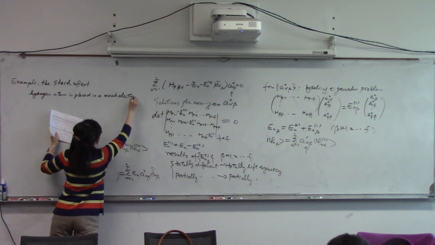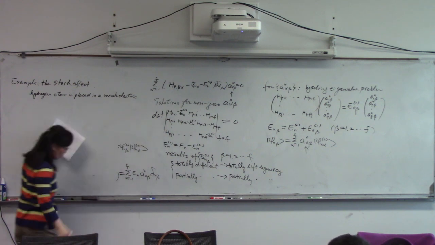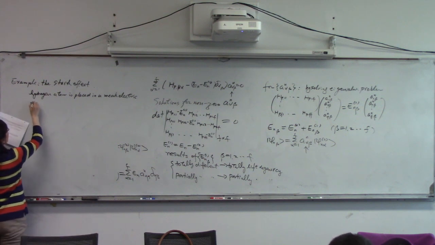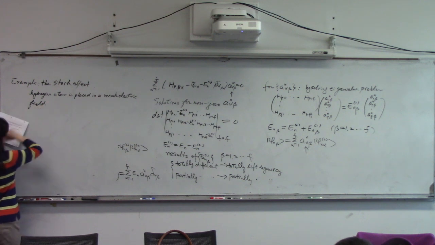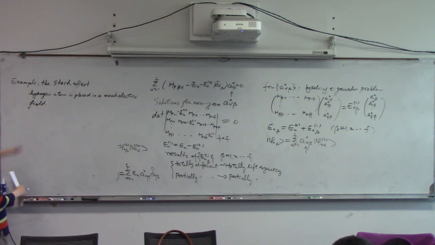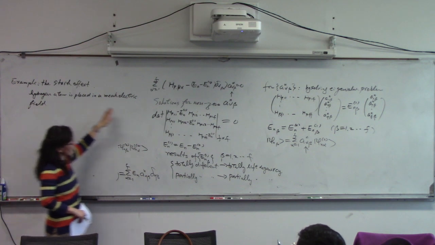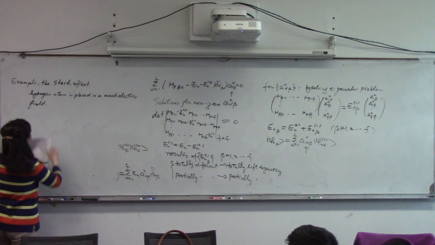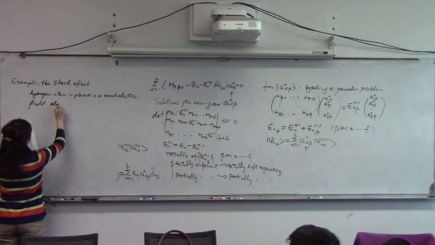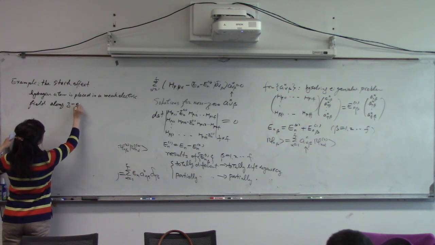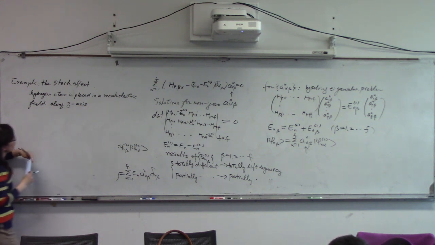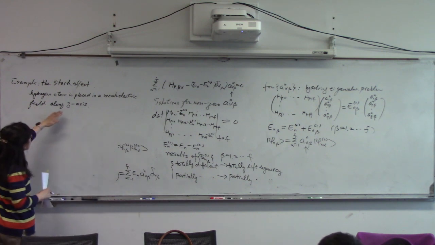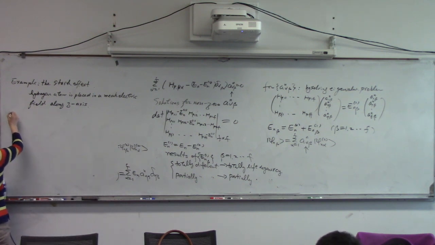Similar to the previous example for the one-dimensional harmonic oscillator, here we have hydrogen. Because we know the hydrogen atom Hamiltonian H naught has high, spherical symmetry. Then, let's say we apply the field along the z-axis. That means this perturbation is only along that axis, so that totally reduces the symmetry, right?